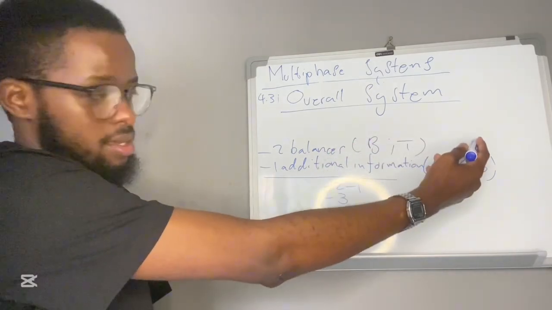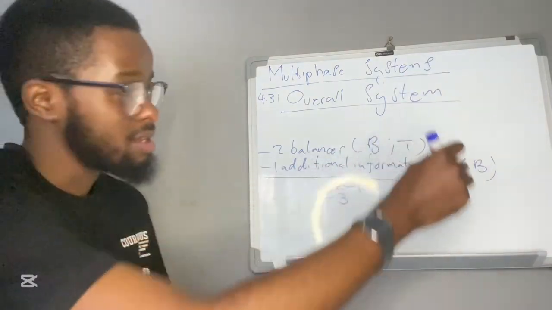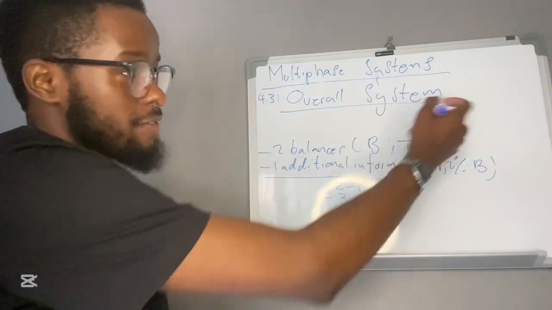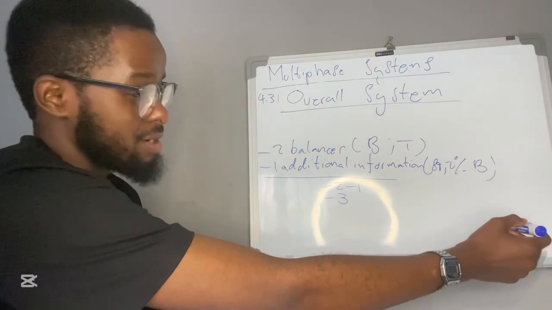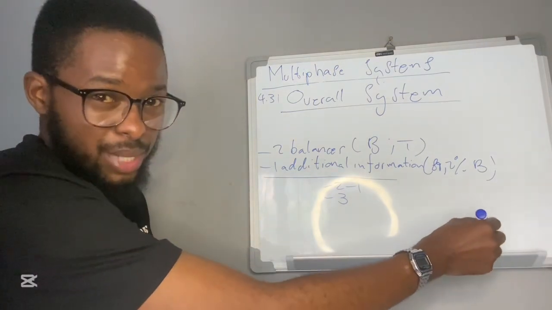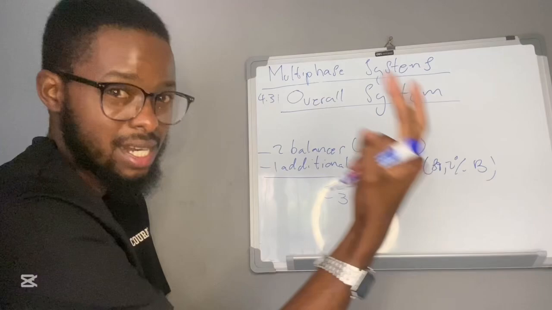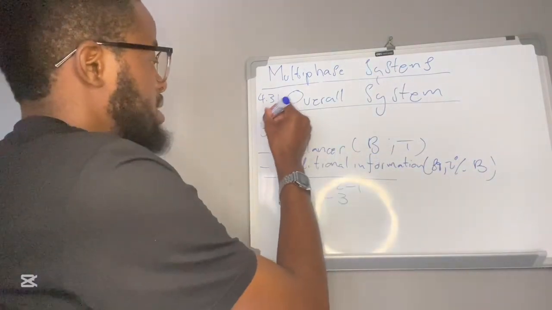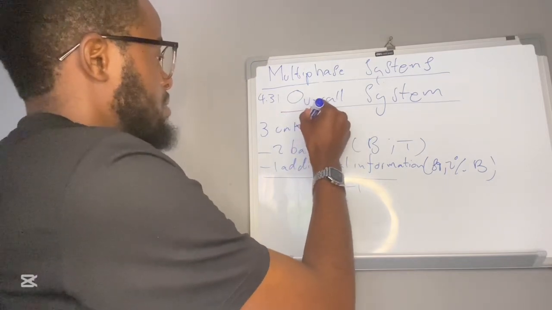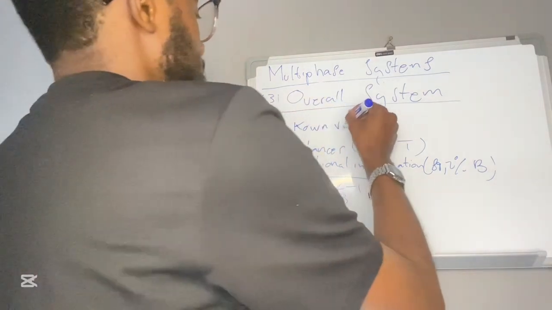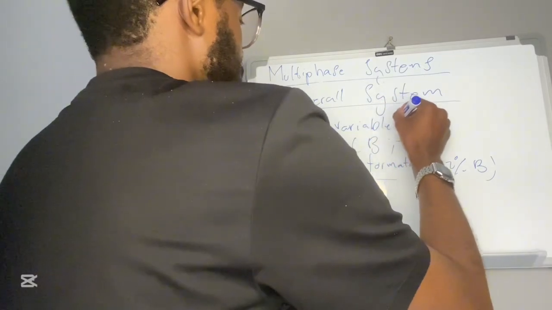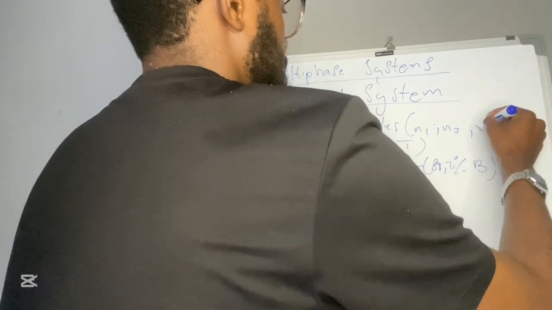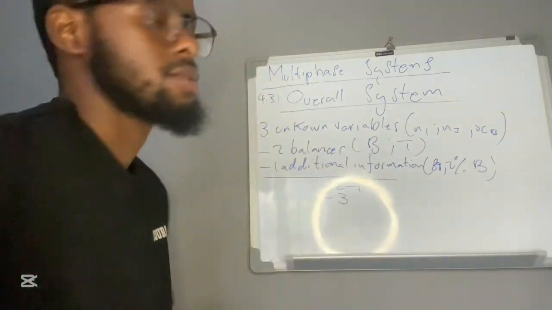Go back to the flowcharts. You have N1, N3, and XB, the component balance of N3. We have 3 unknown variables: N1, N3, and XB.